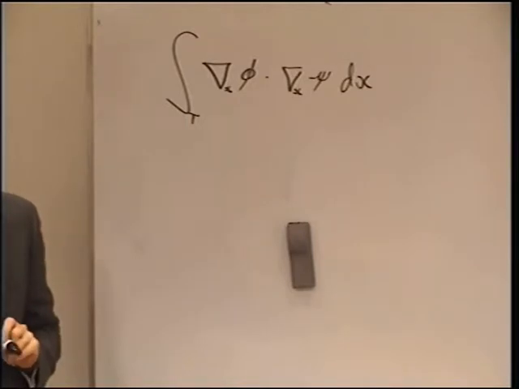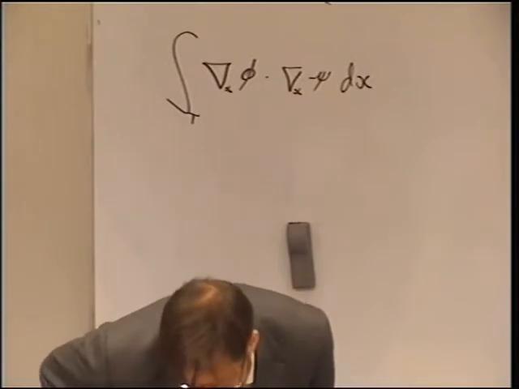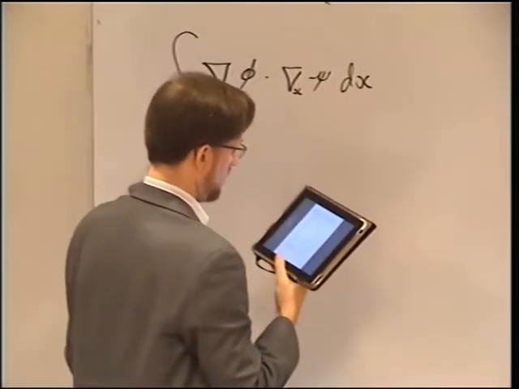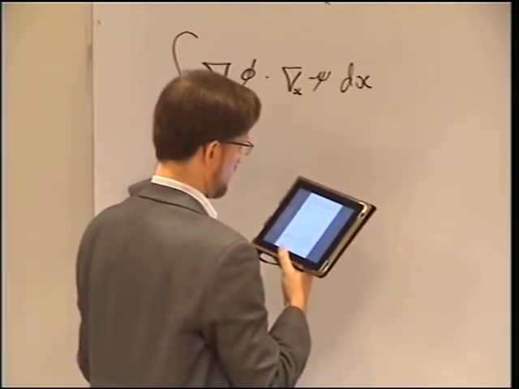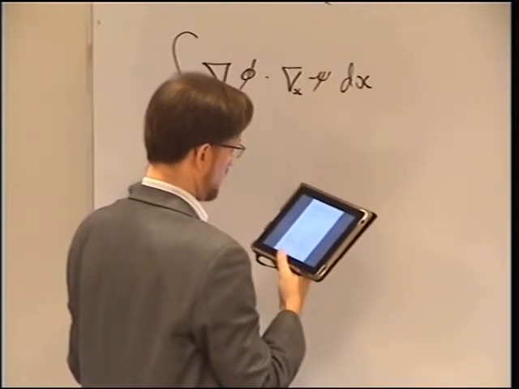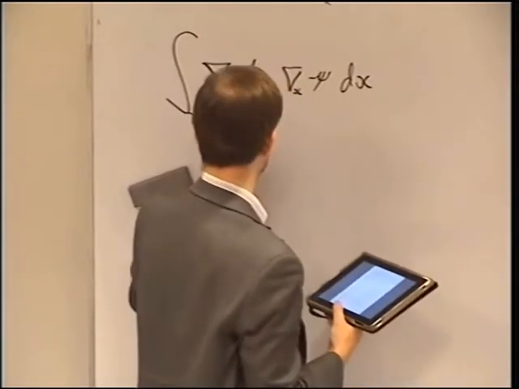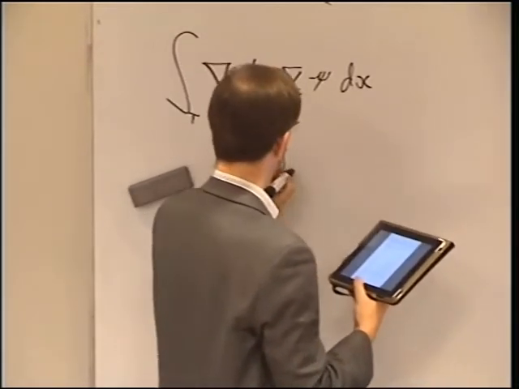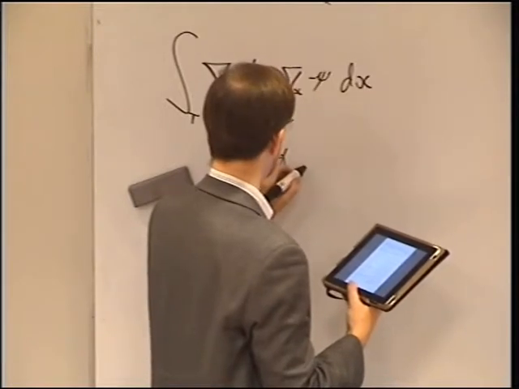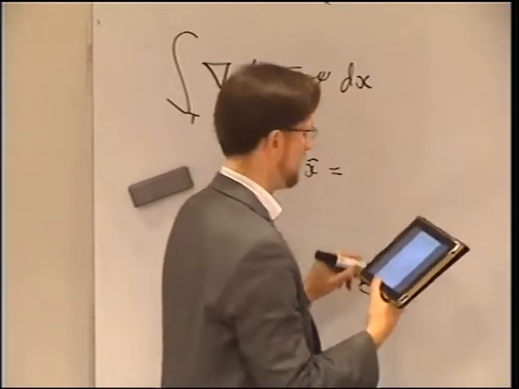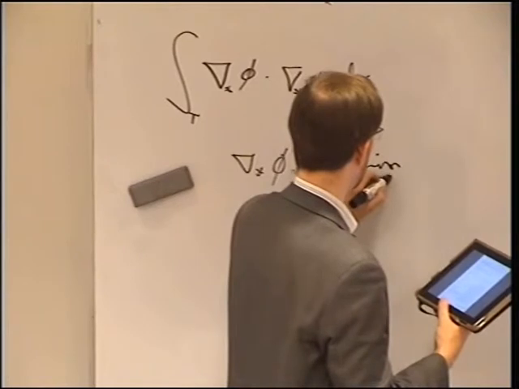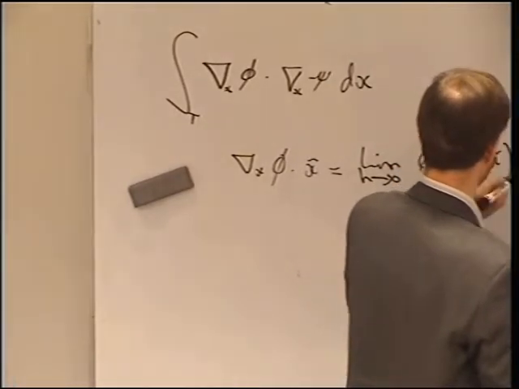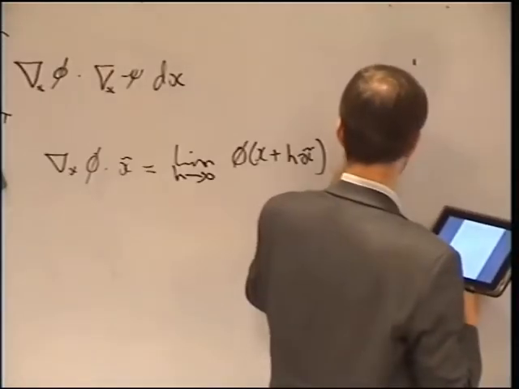Because in terms of what we did last week, what we've actually written there is, the definition of grad x phi dot some direction that we wrote down last week, so that's the limit as h goes to 0 of phi of x plus h x tilde minus phi.